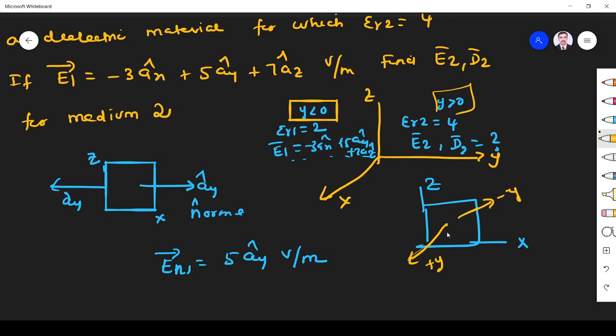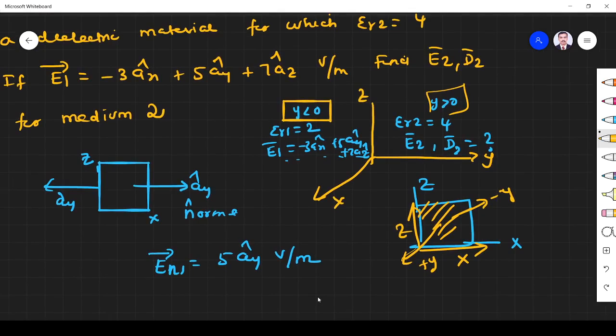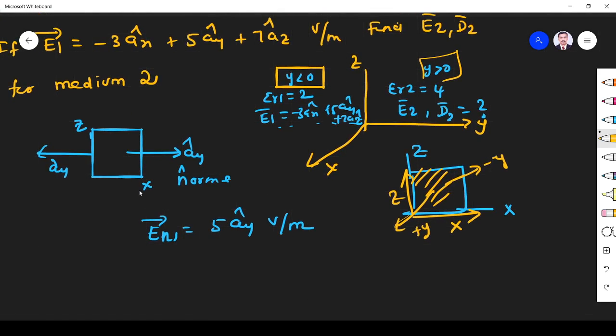So the plane must be the XZ plane, right? XZ plane means what is the tangential component? This is the Z component, this is the X component, tangential to the surface. So the tangential component will be X and Z. Otherwise, if you find the normal component, the remaining should be the tangential component.